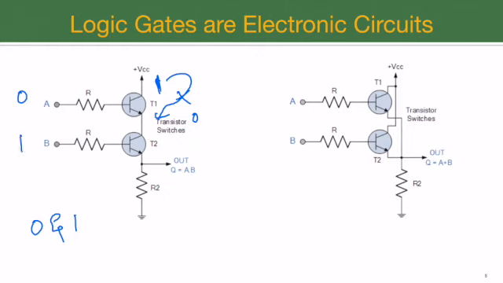If this transistor's emitter has the value of 0, it doesn't really matter whether I have a 1 value or 0. Whatever is applied over here, that will be transferred down. So the value over here will remain 0, and this will become a 0 answer. Obviously, if both of the values are 0, then nothing happens. This value remains 0, the value transferred is 0, and the result is also 0.